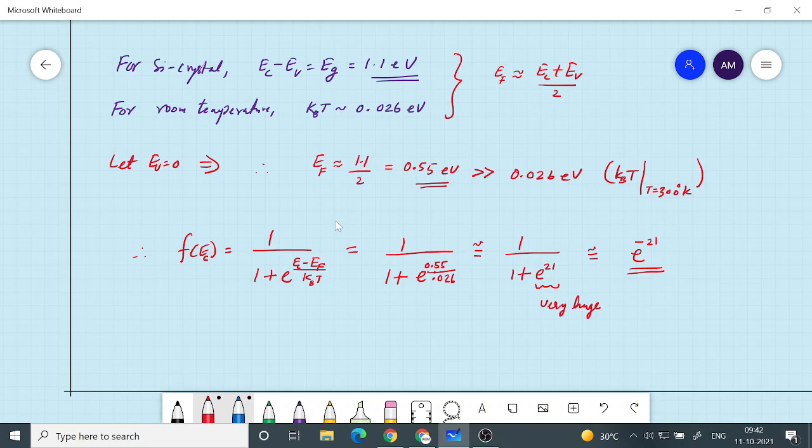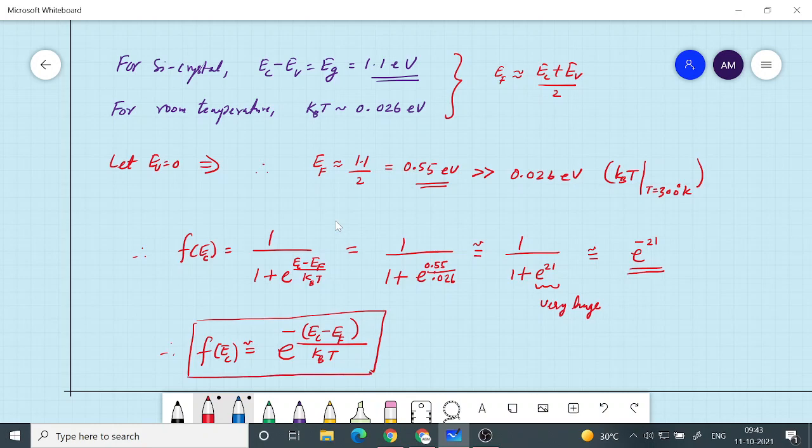Therefore I can directly write, at energy equal to the conduction band, the expression approximately as e raised to minus EC minus EF by KBT. So this is a valid approximation, a very valid approximation, and that simplifies our integral.